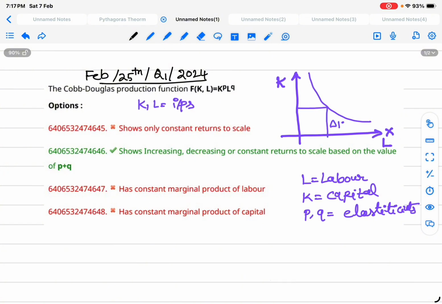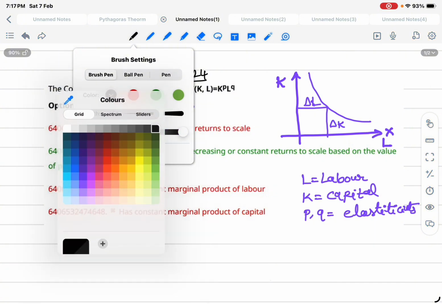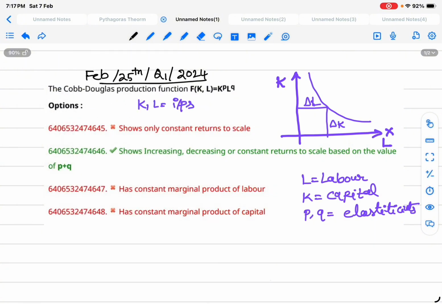This one is delta K, the change in capital, and this represents delta L. The slope M equals the change in the y-axis by the change in the x-axis, so delta K by delta L. This slope represents the Cobb-Douglas production function. So which options are correct?